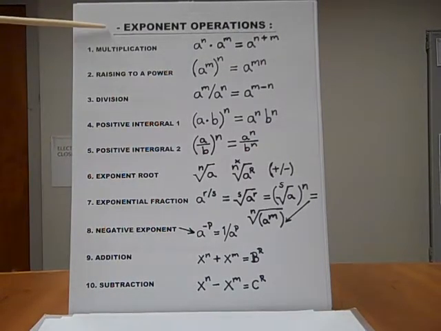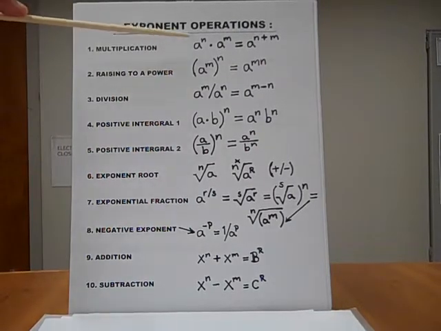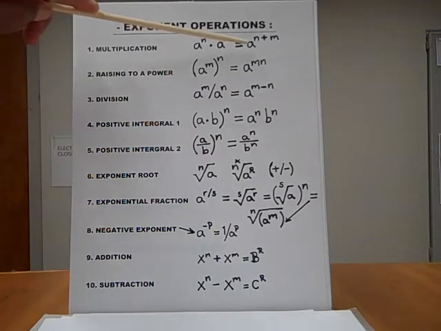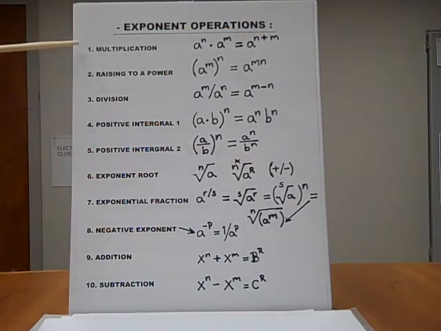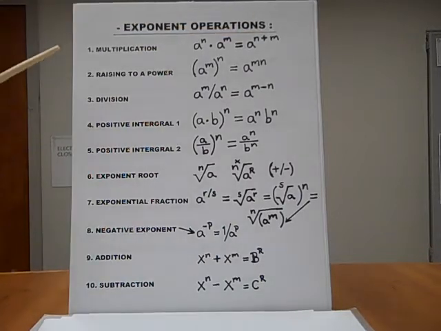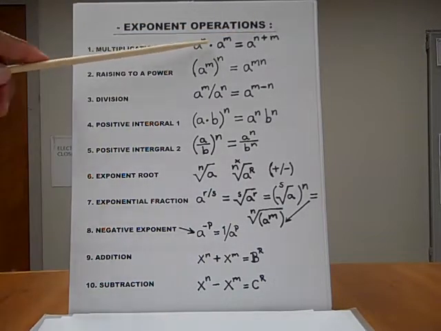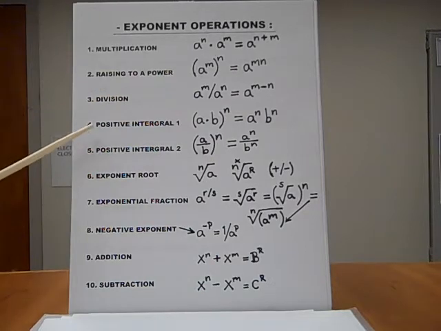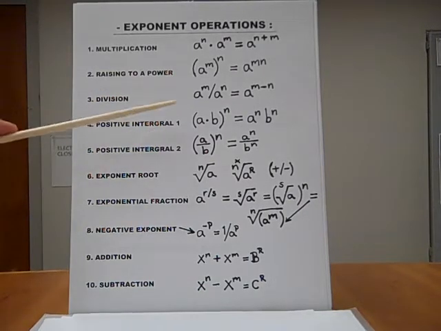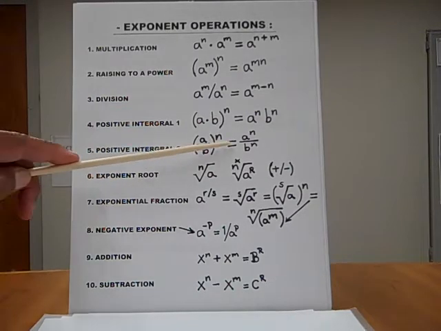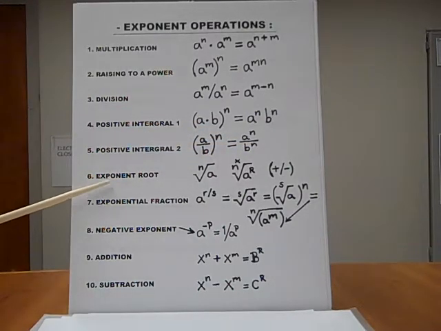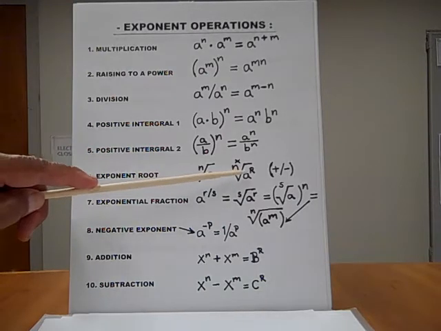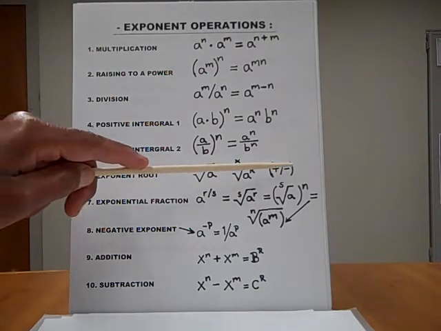Now, exponent operations. I will not state the formulas, but I will give the basis for those formulas. Number 1, multiplication, use this formula. 2, raising to a power, use that formula. 3, division, use that formula. 4, positive integral number 1 type, use this formula. 5, positive integral number 2, use this formula. 6, exponent root, use this formula or this formula, positive or negative form.